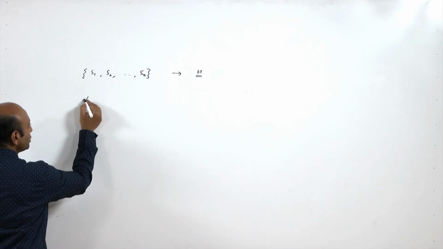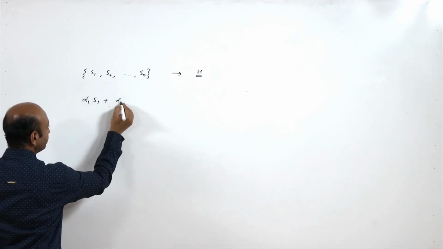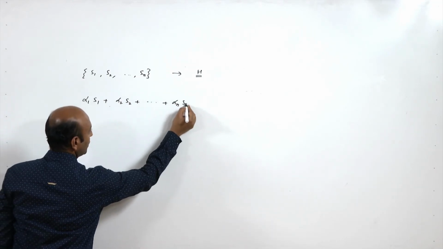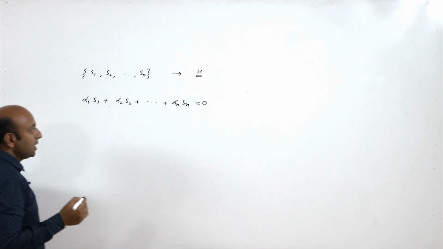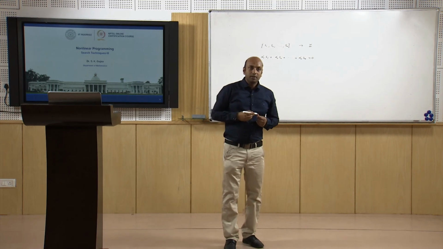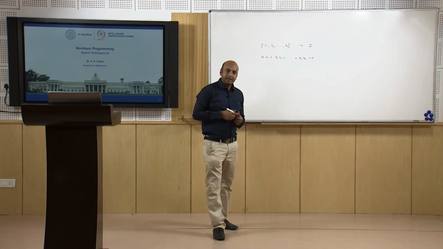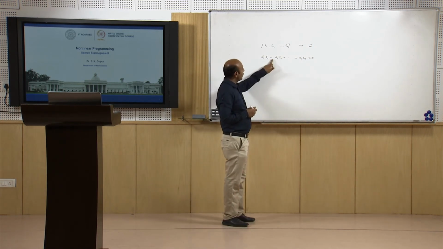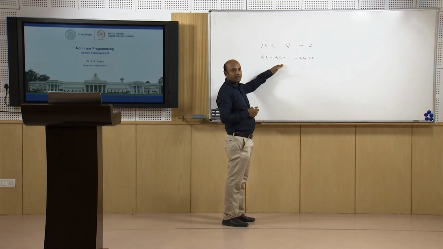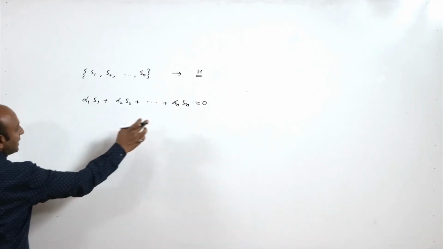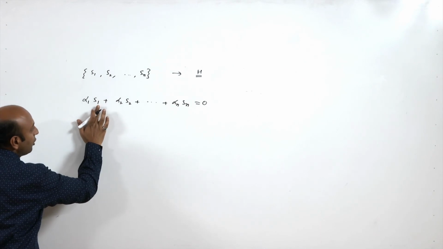Take a linear combination of these vectors and put it equal to 0. If we prove that all alphas are 0, this means the vectors are linearly independent. So, this equation is given to you and you have to prove that all alphas are 0.